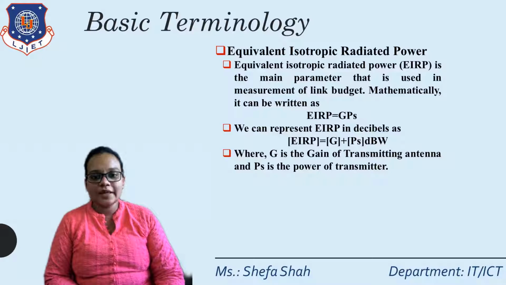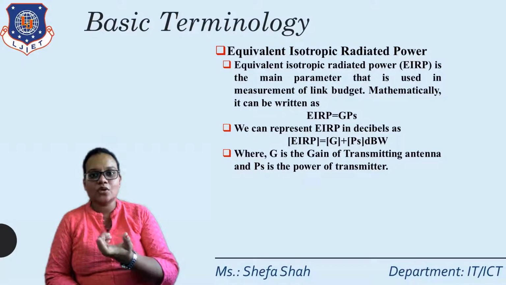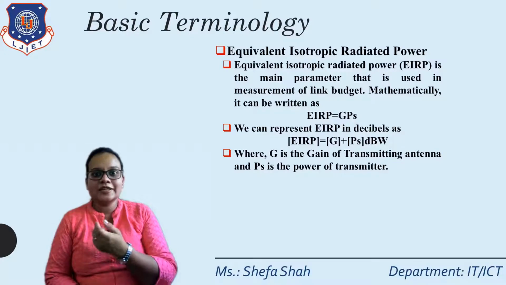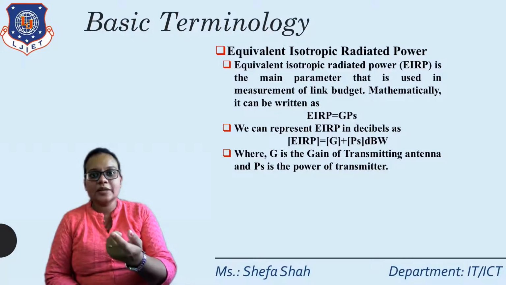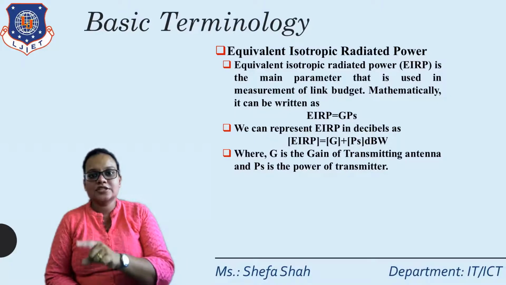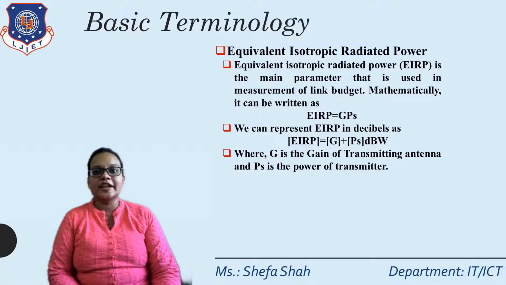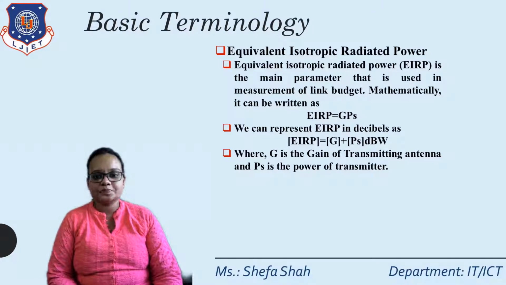So EIRP in square brackets, the square bracket always denotes that the value is in decibels. So multiplication in decibels converts into addition: EIRP is equal to G plus PS, and the unit will be dBW, decibel watt, where G is the gain of the transmitting antenna and PS is the power of the transmitter.